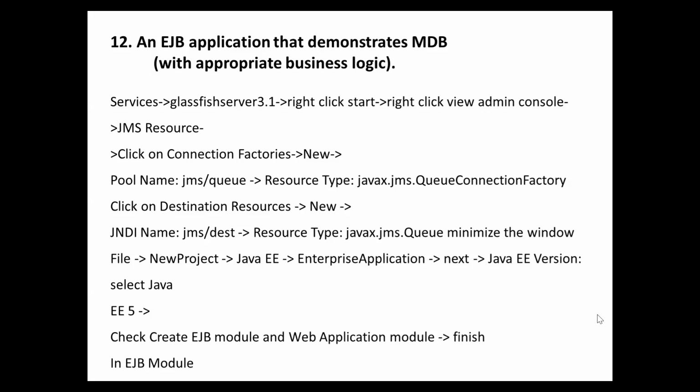The video will be running, so you can easily find out how to configure this program to execute in the EJB application. First, go to the Services tab. There, select GlassFish Server 3.1, right click and view the admin console. In the console, we can see the connection pool option as new.